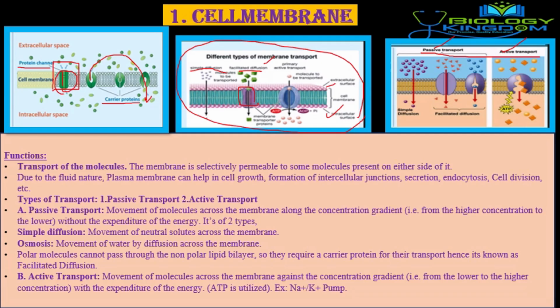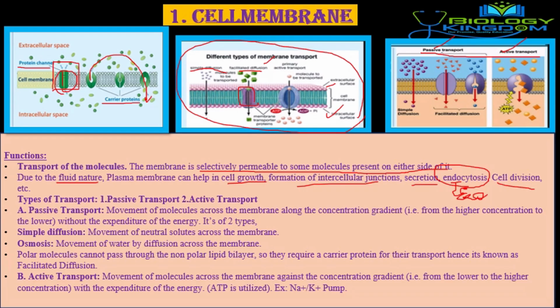As it selects only a few molecules, we call it selectively permeable to some molecules present on either side. Due to this nature, the plasma membrane helps in processes like cell growth, formation of intercellular junctions, secretions, cell division, endocytosis and exocytosis. Endo is nothing but inside, exo is nothing but outside.